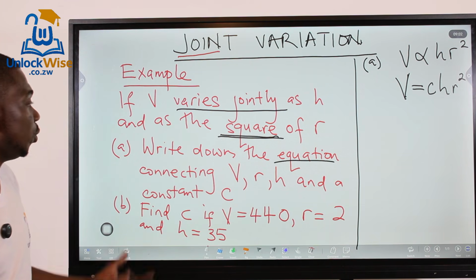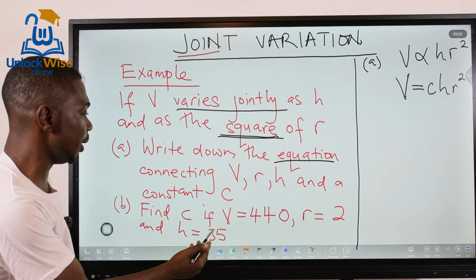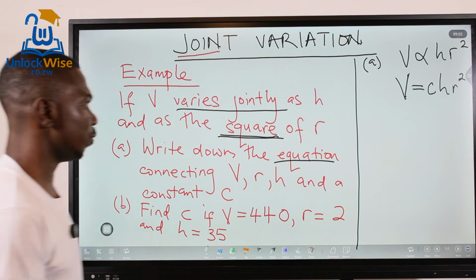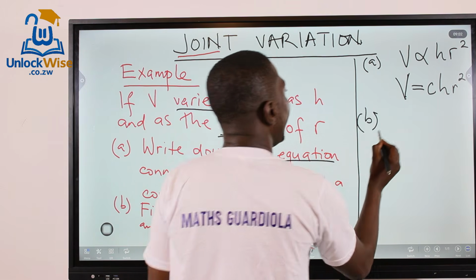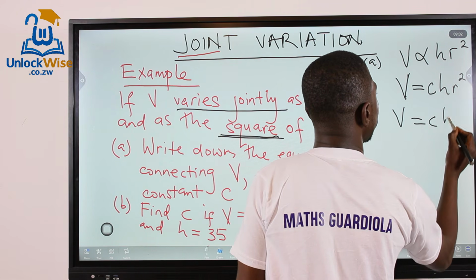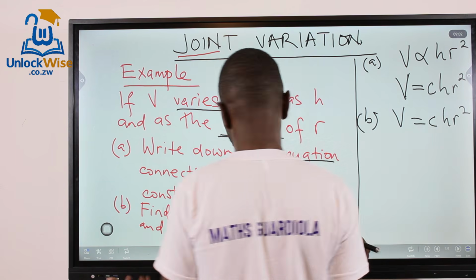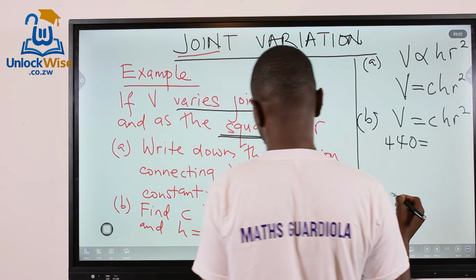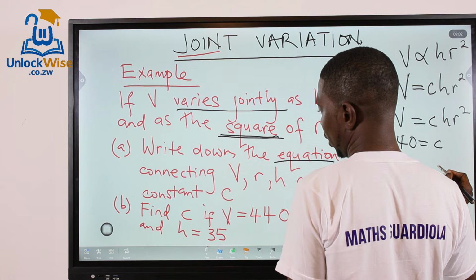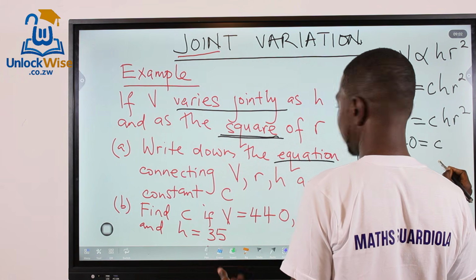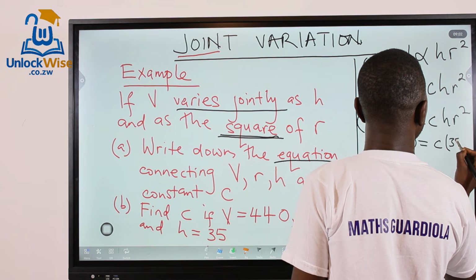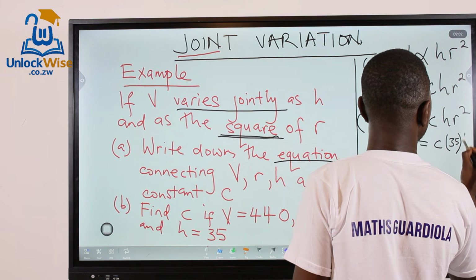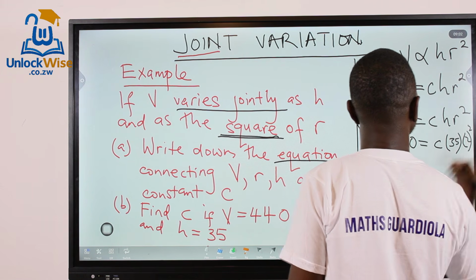right? Then the second part asks us to find C if V is equal to 440, R is equal to 2, and H is equal to 35. So V is equal to C H R squared, and what is the value of V? 440, and we have C. We want the value of H, which is 35, and we also have R being 2, and it's squared, by the way.